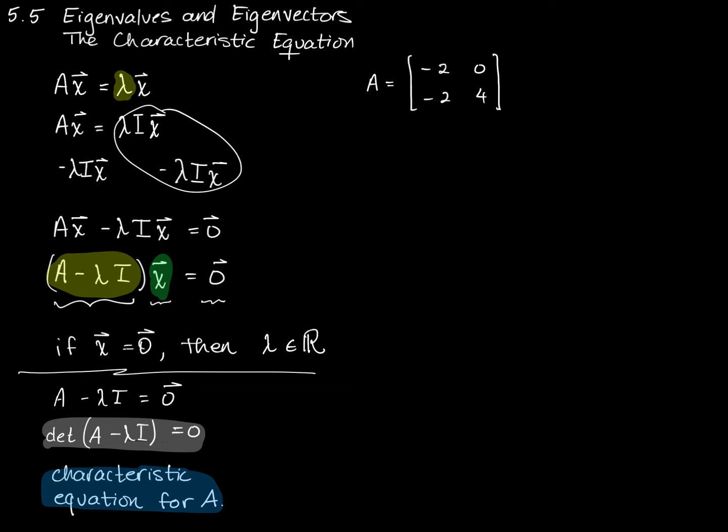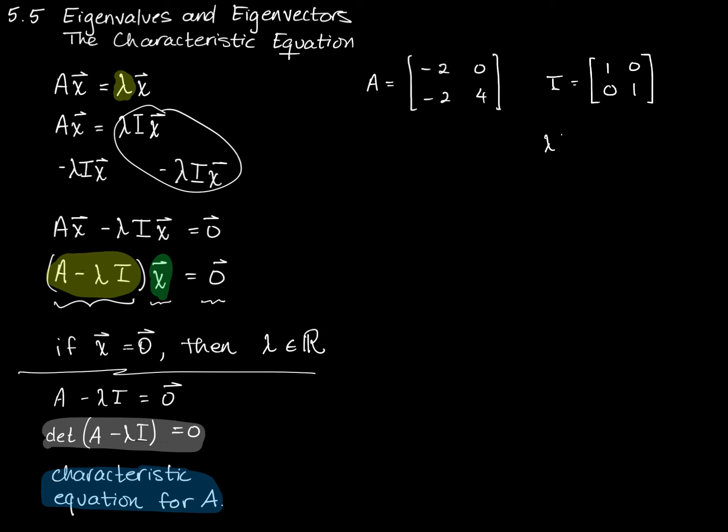In order to do that, we don't need our eigenvector, right? If we look back at this equation here, the potential eigenvector is nowhere in here. All we have here is A, which is this matrix, and lambda times I. And I here is going to have the same dimensions as A, so it'll be 1, 0, 0, 1.